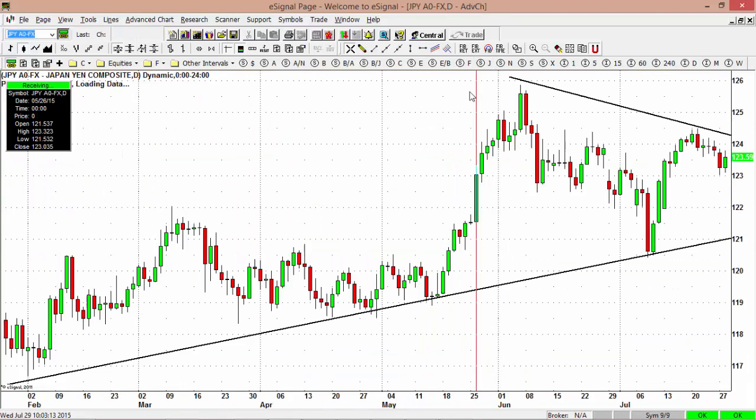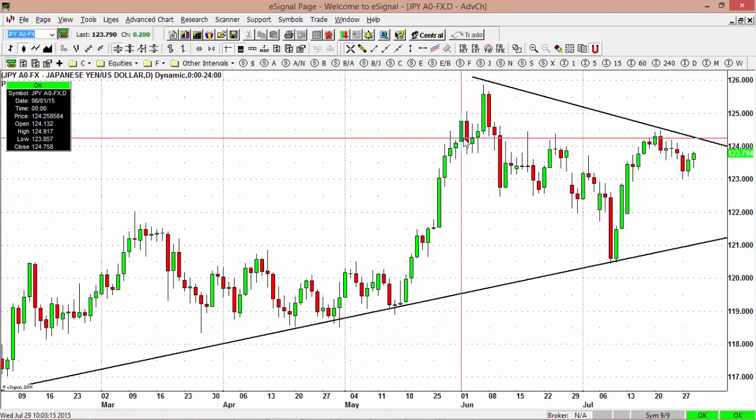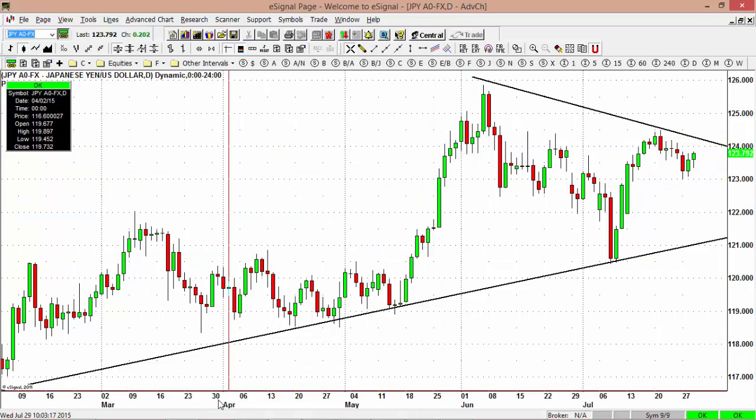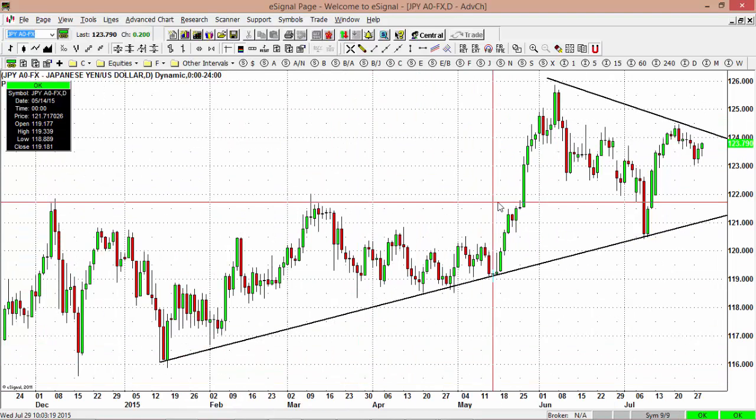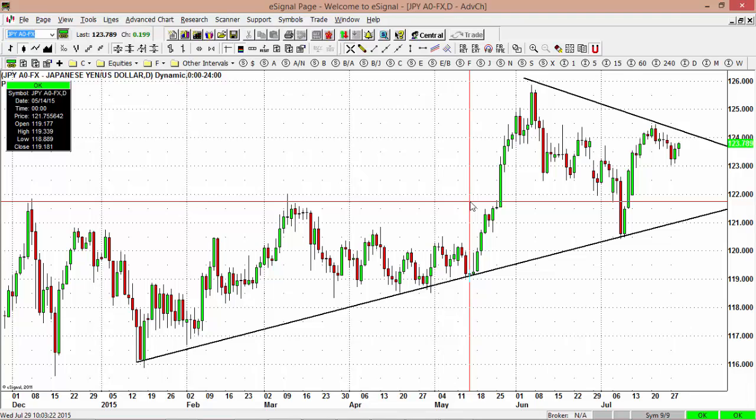Okay, taking a look at the Japanese yen. The Japanese yen is weaker against the US dollar this morning. I have been speaking about the fact that the Japanese yen is mirroring the stock market. When the stock market is recovering, the Japanese yen is weakening, and when the stock market is declining, the Japanese yen is strengthening, because the Japanese yen tends to be a crisis currency.